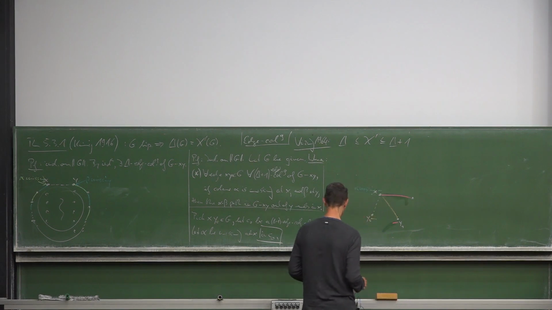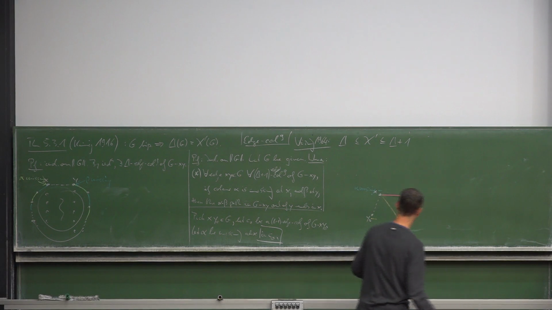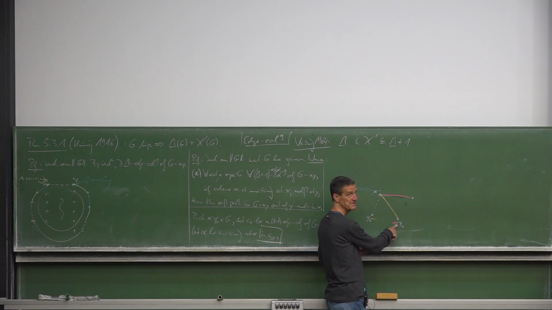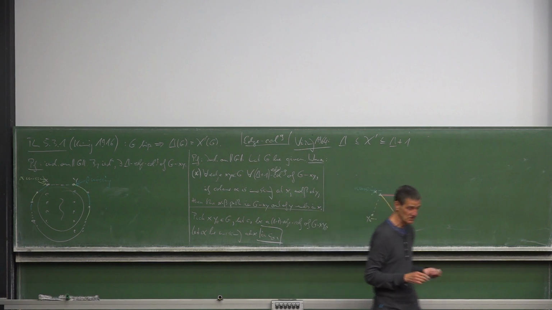Right, so if there wasn't an edge at X with the color that's missing at Y1 in C naught, we could just color this yellow edge with a missing color instead and use the yellow to color this, and so on.